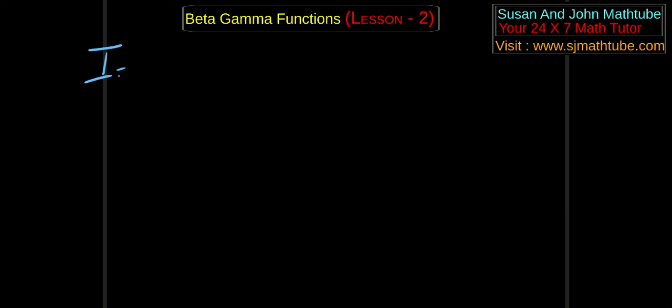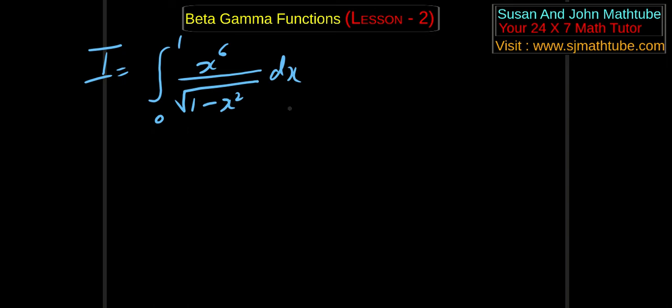I is equal to integral 0 to 1 of x to the power 6 divided by root under 1 minus x square dx. As I told you before, I can see root under 1 minus x square. So the best substitute will be x is equal to sine theta or cos theta, to be honest.